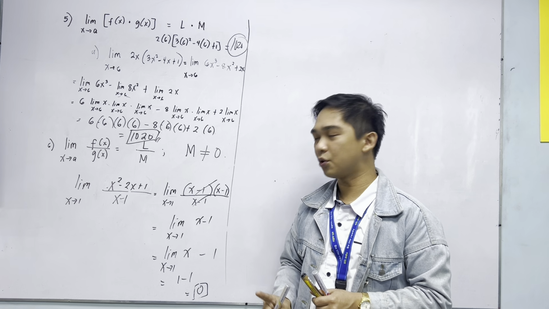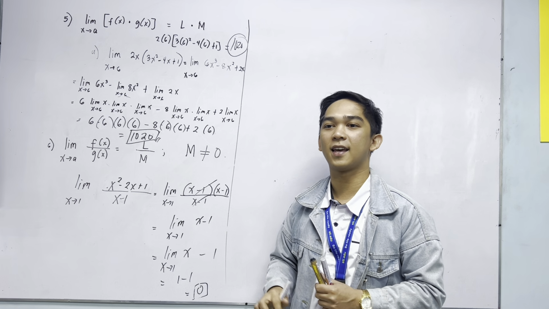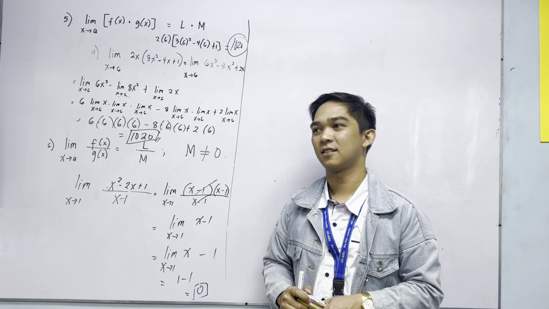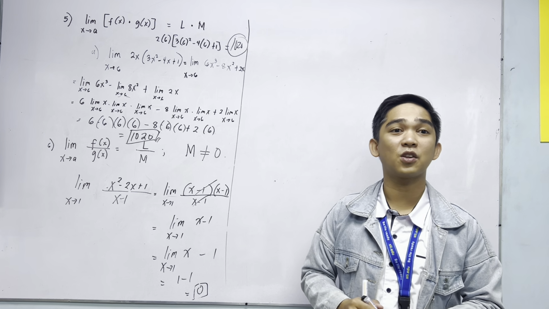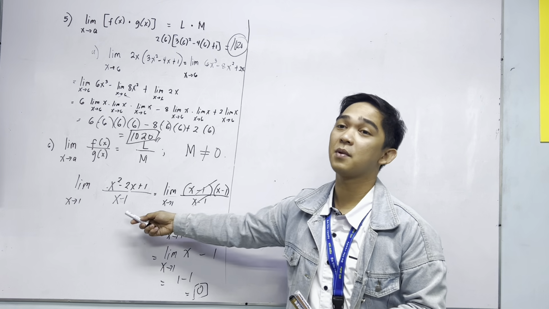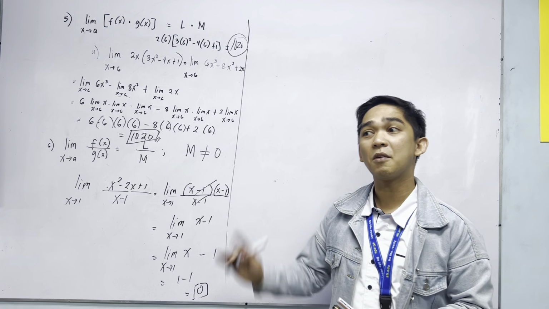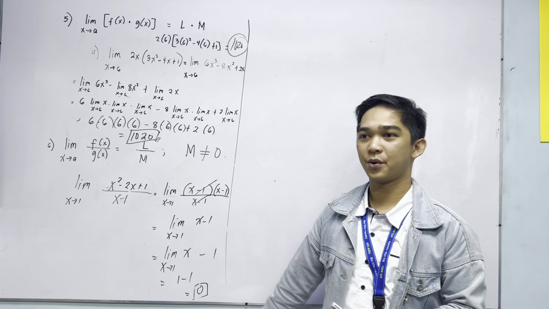First thing you should do is to factor out. Walang problema pag na-factor out na natin. Kasi pag di mo finactor out, magiging 0 ang denominator. Now, kapag naging 0 ang denominator, sabi niya, undefined. Eh, meron tayong limit. Ang limit natin is 0.